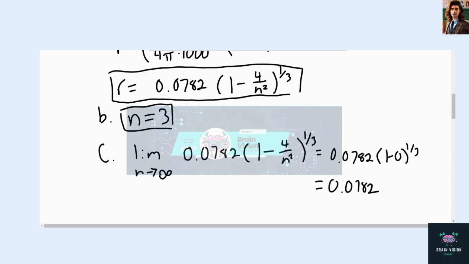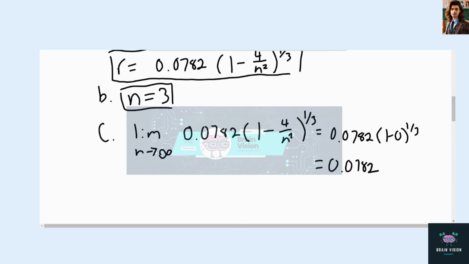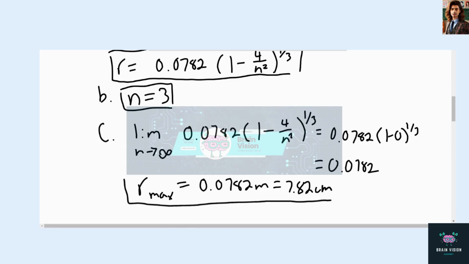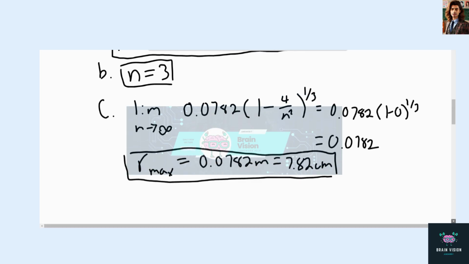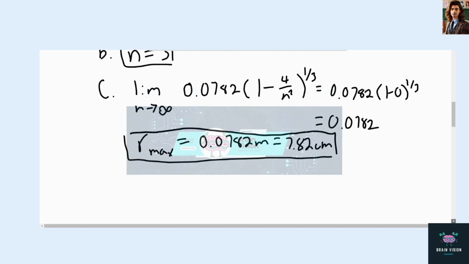So then this will just become 0.0782. So our maximum radius, our max, then becomes 0.0782 meters, or you can write that as 7.82 centimeters, either way. And so that's our answer for part C. The question asks specifically, what's the maximum radius that will create standing waves?